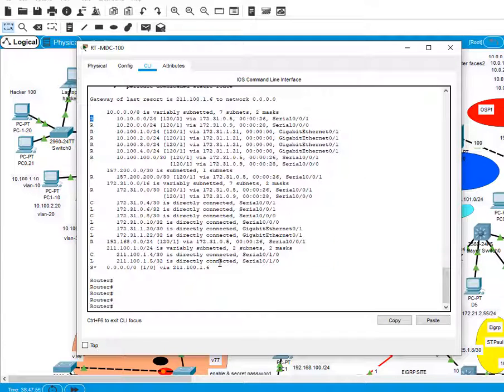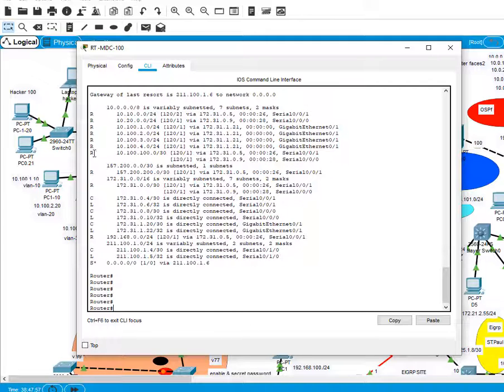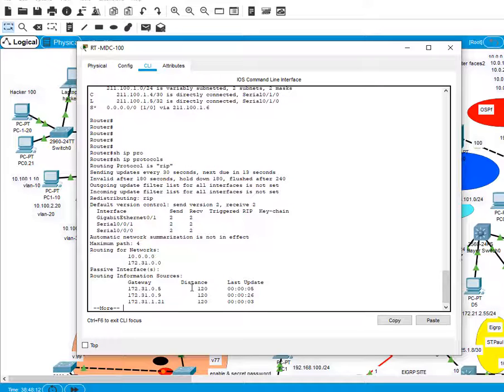If I go down, now I can understand that there is a dynamic routing protocol on, and one of them is participating. If I say show ip protocol, I can understand a lot more. That command gives me more information about RIP.